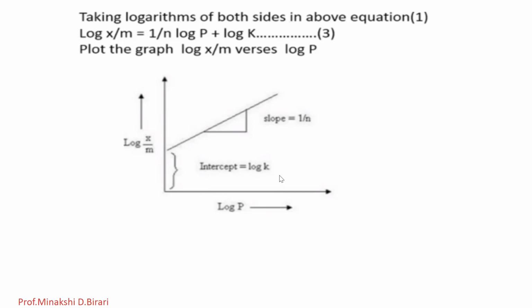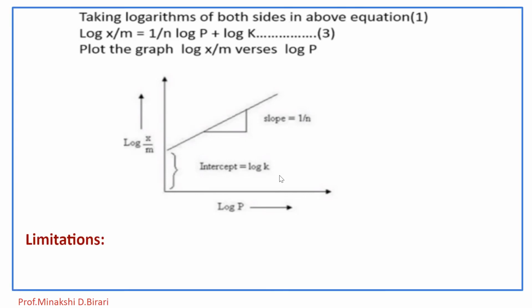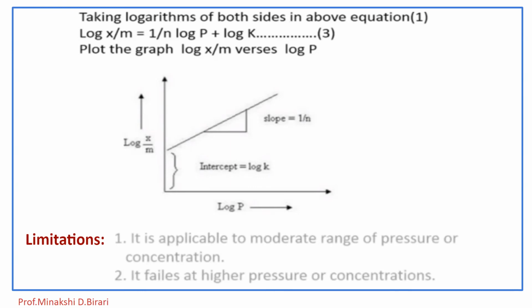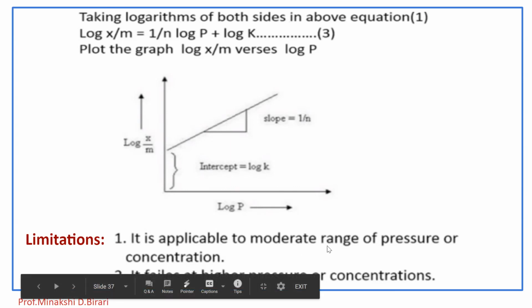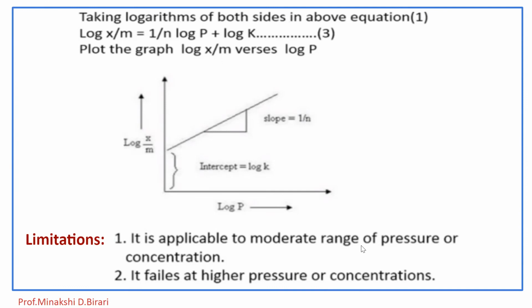It is observed that the Freundlich adsorption isotherm is applicable over a limited pressure or concentration range, and it fails to apply at higher pressures or at higher concentrations. So from these graphs we can consider the limitations of Freundlich adsorption isotherm. One is it is applicable to a moderate range of pressures or concentrations, and it fails at higher pressure or concentrations.